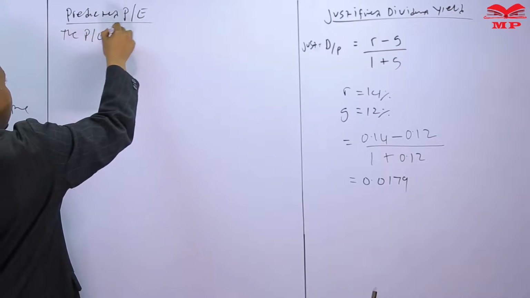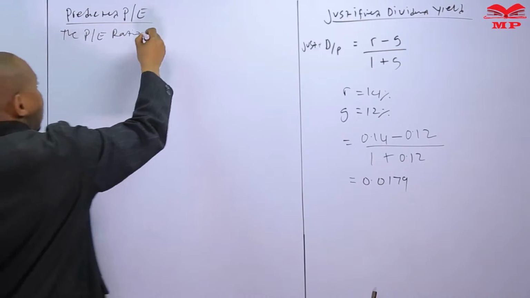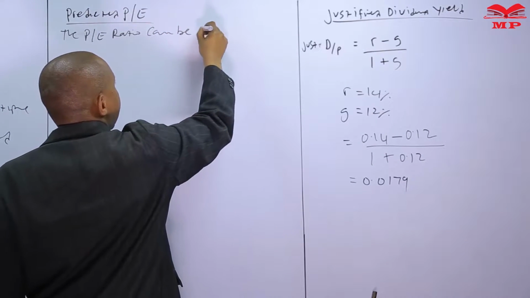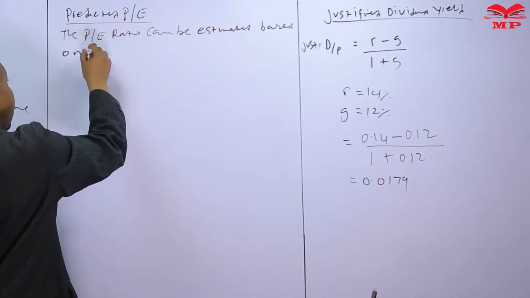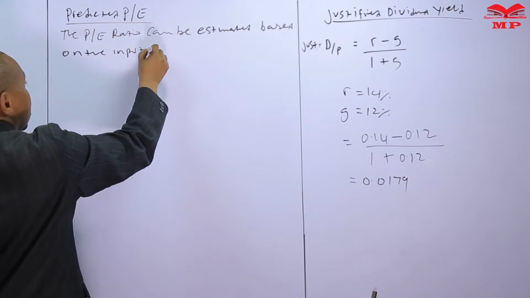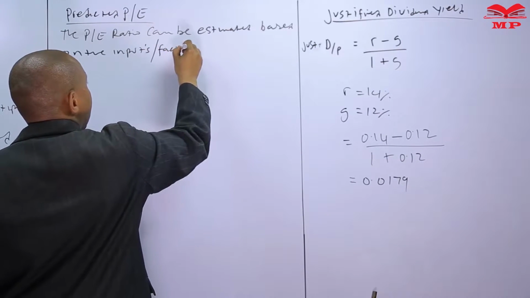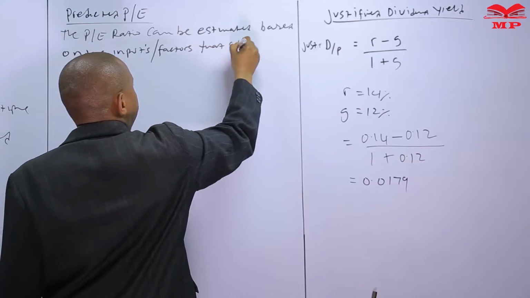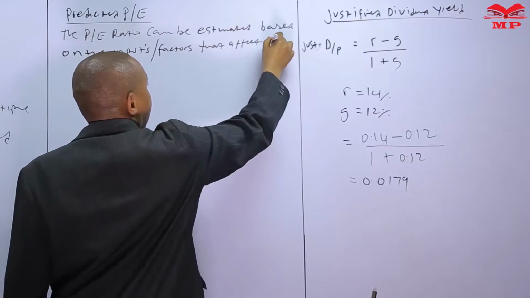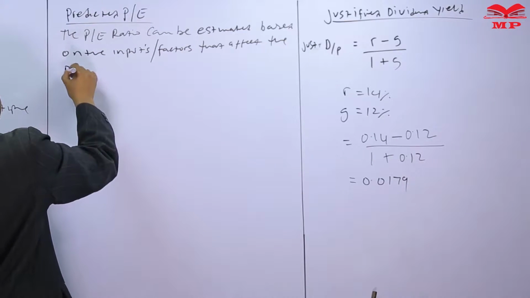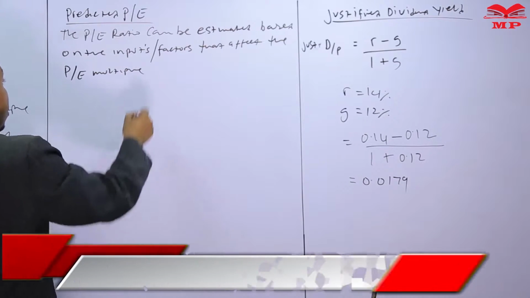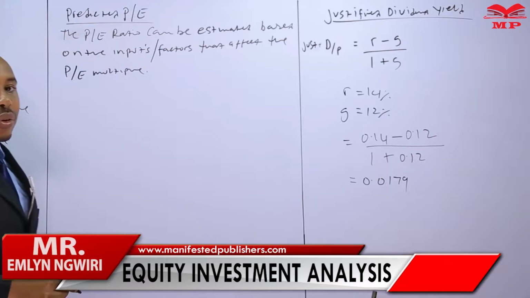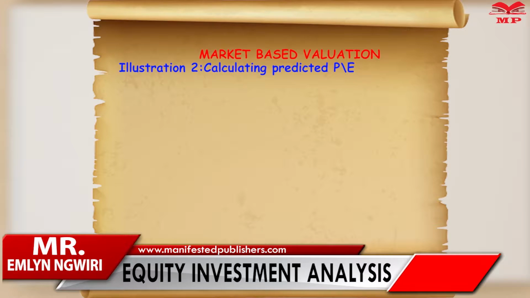The PE ratio can be estimated based on the inputs, or factors, that affect the PE multiple. We can demonstrate how to calculate the PE multiple, and we are going to look at an example that highlights that.